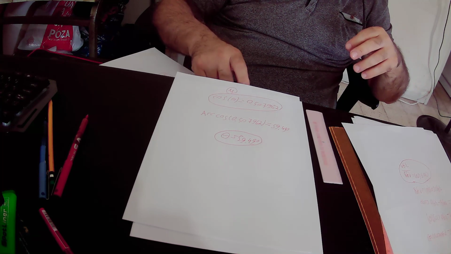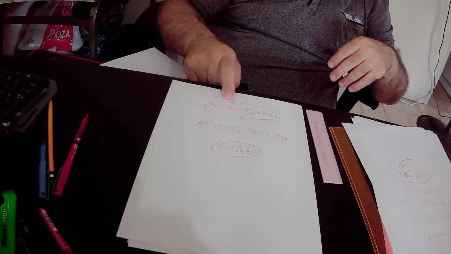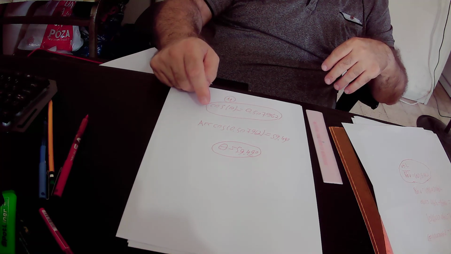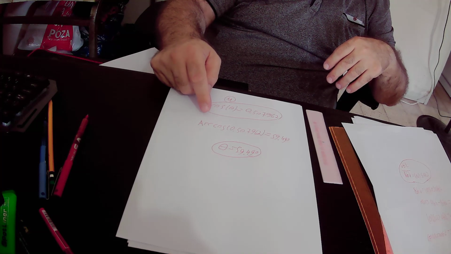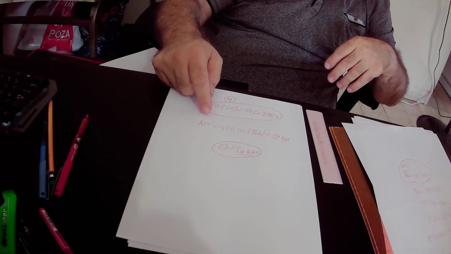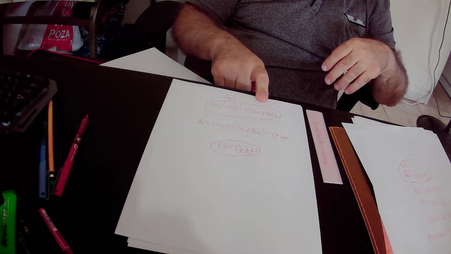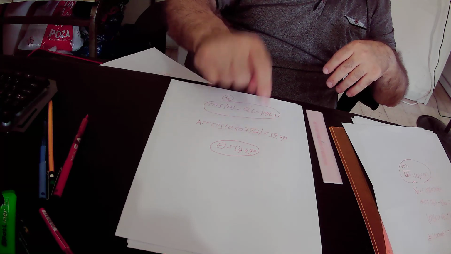Then we operated the inverse function of cosine, which is arccosine, on the outcome in order to find the value of theta, and we found out that theta equals 59.49 degrees.